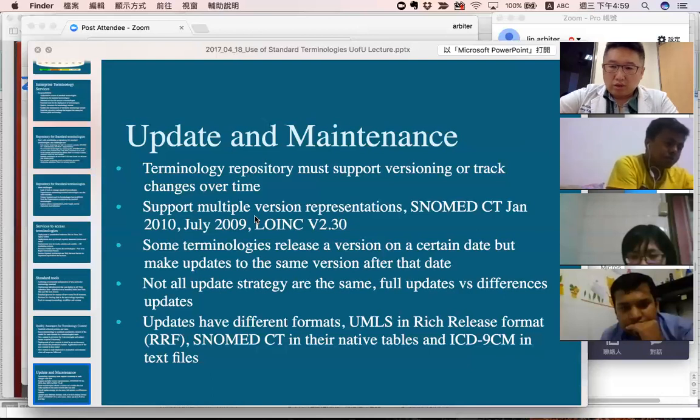We had a discussion because we released some official mapping based on different versions, and the LOINC committee actually changed the codes a lot, partly because of our recommendation.